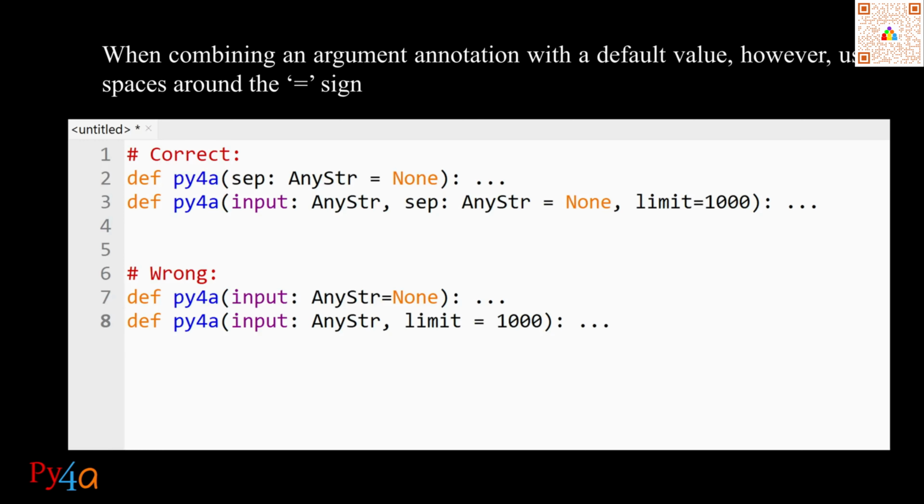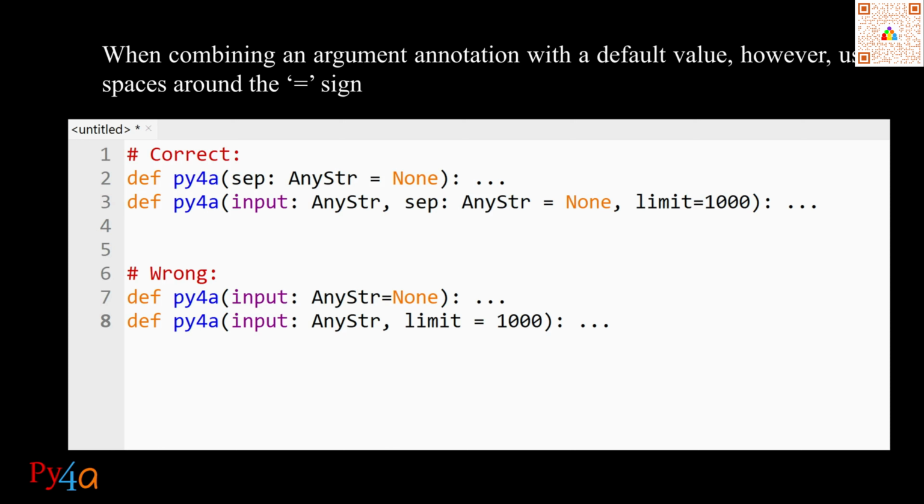When combining an argument annotation with a default value, however, use spaces around the equal sign. Let's see an example of this in the next code snippet. The correct way is right inside the function py4a, where we have the input argument sep being annotated as any string. You can see the white spaces left after the colon and before and after the assignment sign equals.